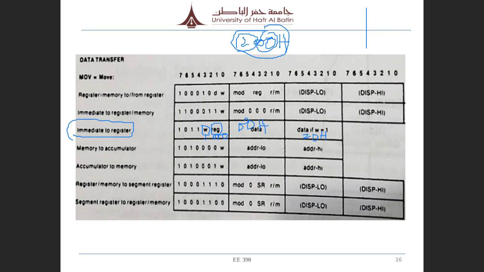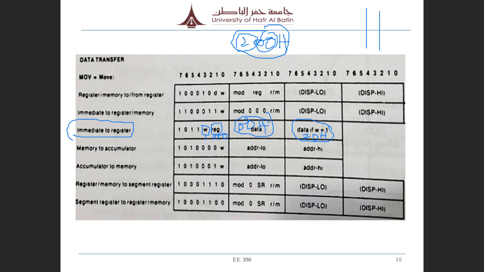In a binary format it is like that. But in hexadecimal we write it 00H. That's why I write 00H here, and then the third byte is 20H. Is that okay?